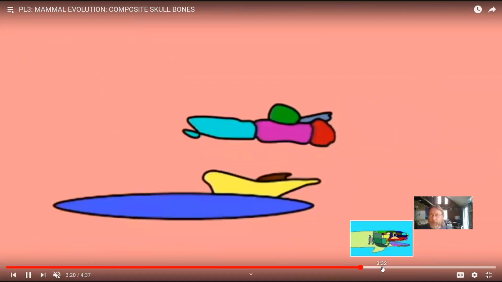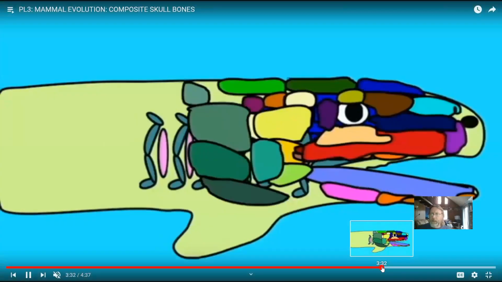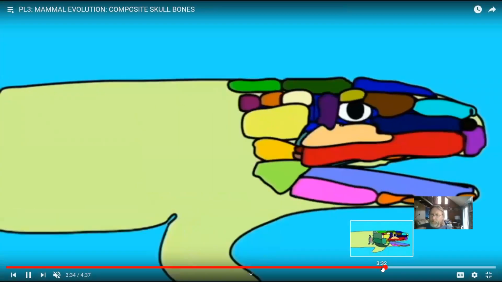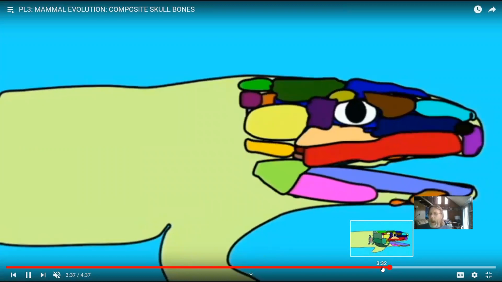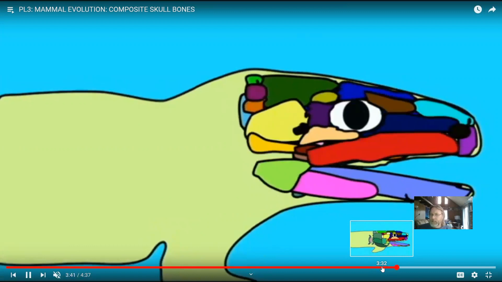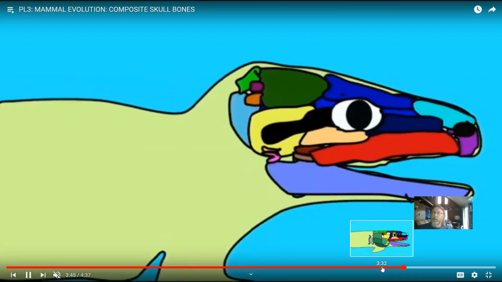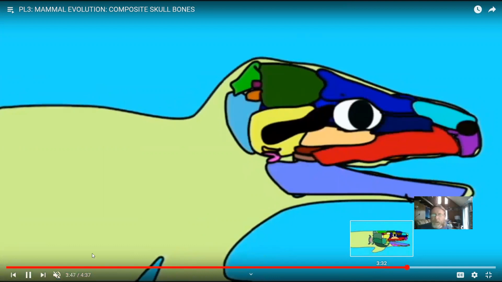The answer is it's complicated. It took hundreds of millions of years. What we see is gradual stages where there are three separate regions of the skull, and they get modified over time. And especially in mammals like ourselves, very often little pieces with separate embryonic origins are fused together to make the larger composite bones which we have.